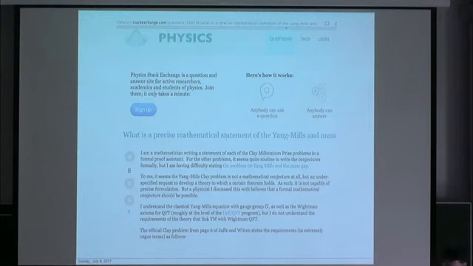So I asked on Stack Exchange, as you do if you have a question. The question is, what is the precise mathematical statement of the Yang-Mills and mass gap problem, for a mathematician writing a statement of each Clay Millennium Prize problem in a formal proof assistant?